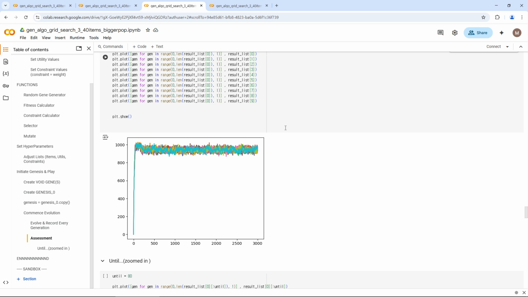But I think therein also lies an innate problem. And the problem is that the higher or the closer the summed utility value gets to the very best answer, the closer it gets to the weight threshold.